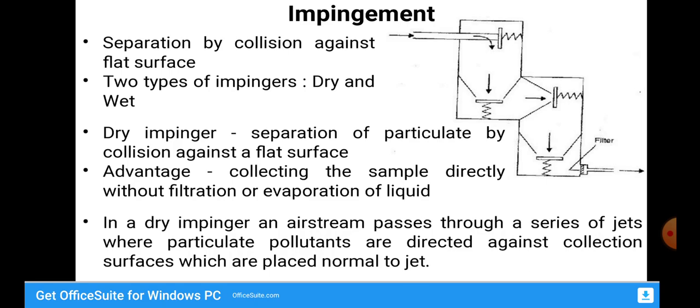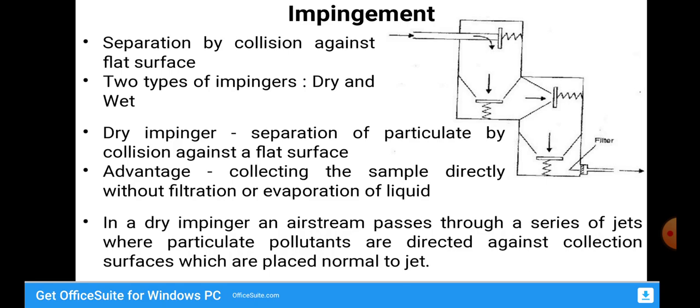In a dry impinger, an air stream passes through a series of jets where particulate air pollutants are directed against collection surfaces, and they are placed normal to the jet. As you can see in this figure, the air stream will strike a flat surface, solid particles will fall down, and this jet will be directed again over a flat surface.